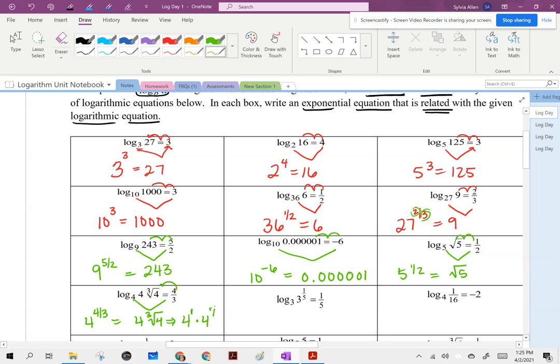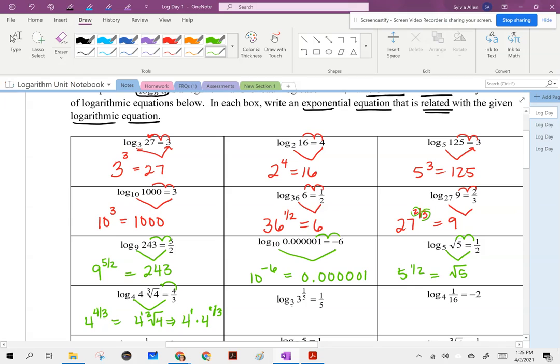Power over root. So it's 4 to the first times the cubed root of 4, which is 4 to the 1/3 power. And if you were to add 1 and 1/3, you get 4/3.